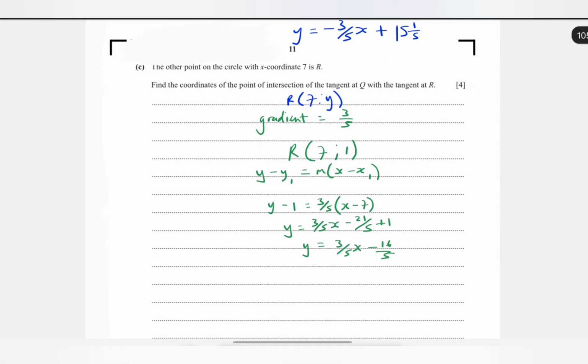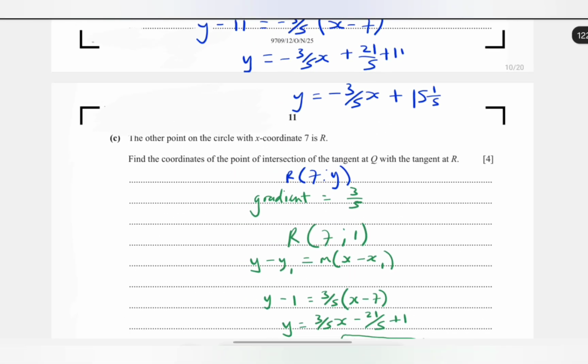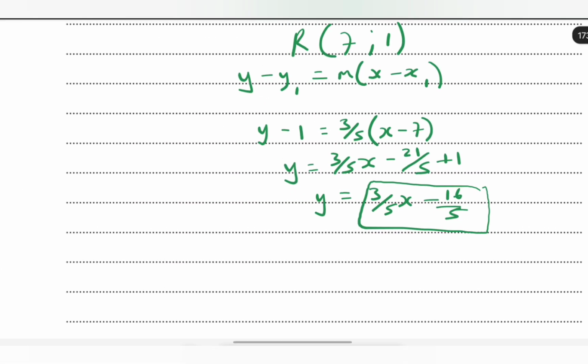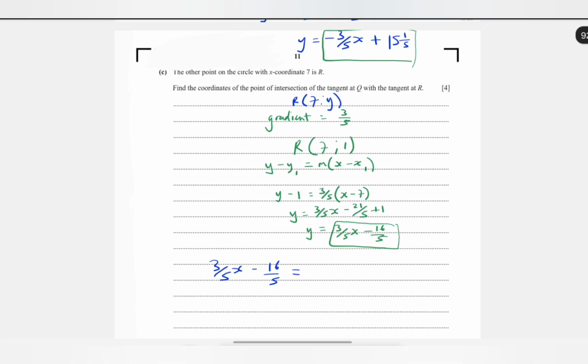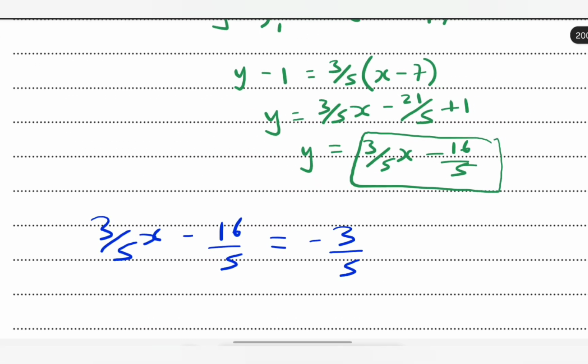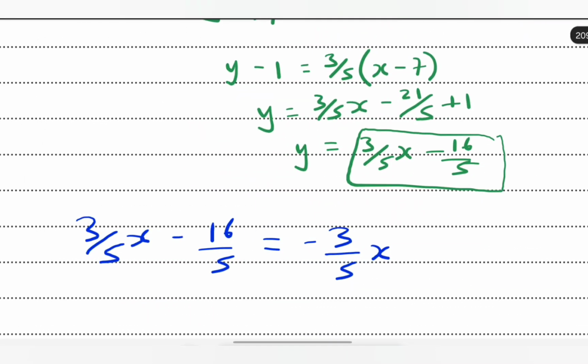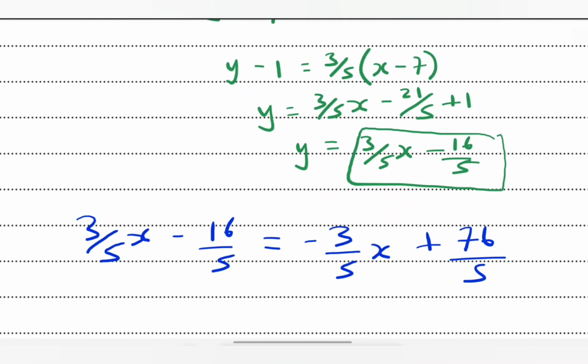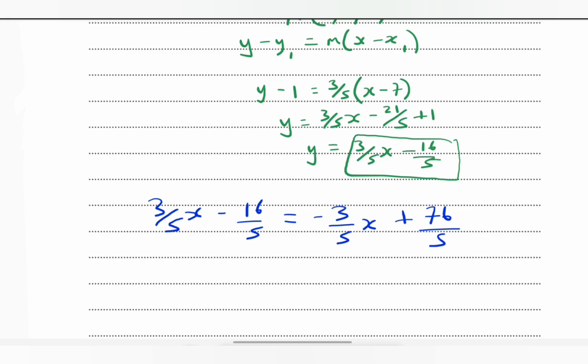Now to get the coordinates of the point of intersection, I'm just going to equate this to this right here. So our 3/5 x minus 16/5 is equal to minus 3/5 x plus 76/5, like this. And so 3/5 plus 3/5, I'm getting 6/5 x.